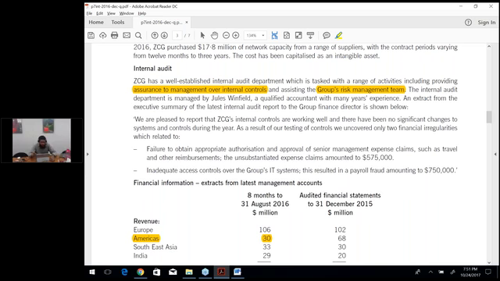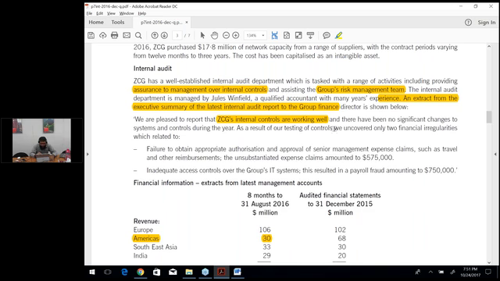Now, the internal audit department is managed by Jules Winfield, a qualified accountant with many years of experience. An extract from the executive summary to the group finance director is shown below. It says that we are pleased to report that ZCG's internal controls are working well, and there have been no significant changes to systems and controls during the year.